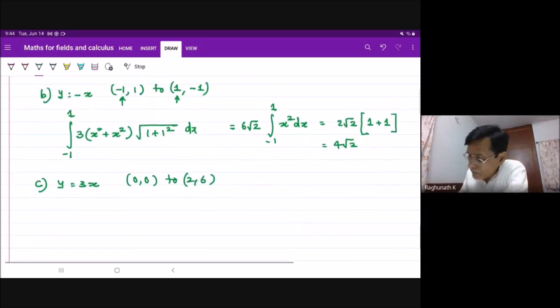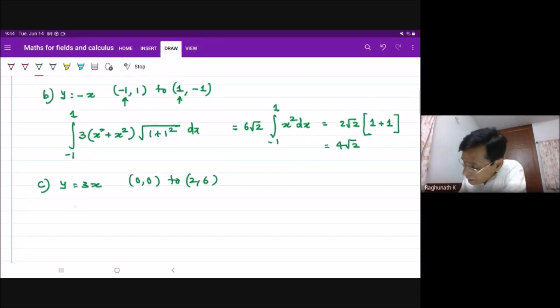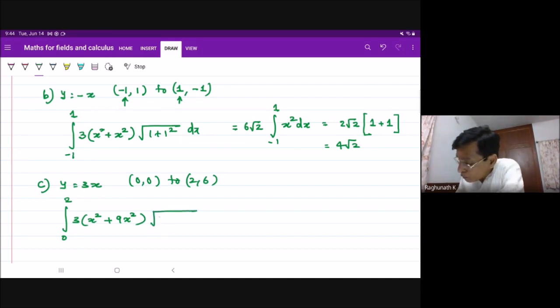Now this is integral 0 to 2. You can check the other way around also. 3 into x squared plus 9x squared, root of 1 plus 3 squared, dy by dx is equal to 3, dx. 3 into 10 times root 10, correct?